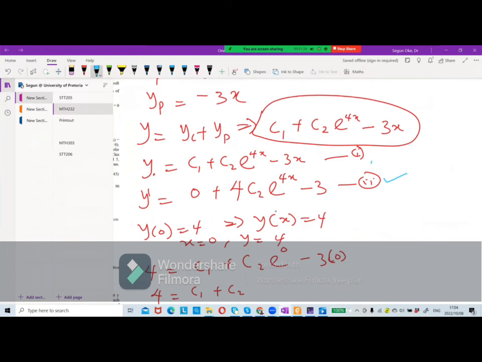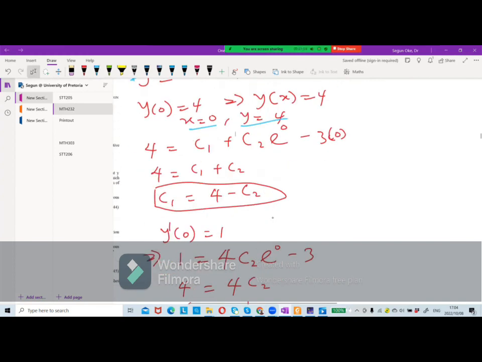Look at the way y is here, y prime is here. When you differentiate this, you have 0. When you differentiate this, you have 4c2 exponential 4x minus 3. The y of 0 is equal to what? Meaning x is equal to 0 and y equals 4. So anywhere you see it, substitute it there. So you have c1 to be 4 minus c2.